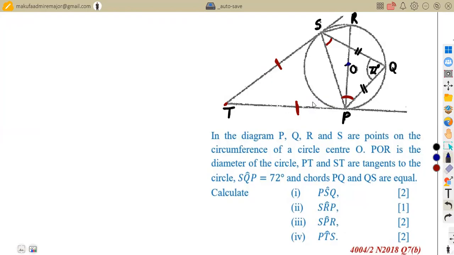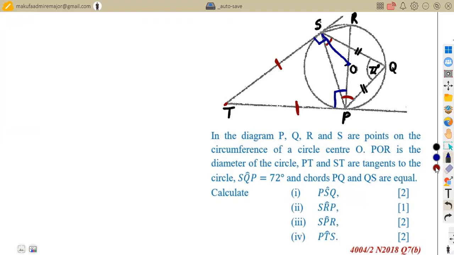If we join from O to P, which is to the tangent, the angle created there is going to be 90 degrees. And also from O to S, if we join like this, the angle created here is going to be 90 degrees. So there are so many things that we can consider and construct on our diagram.